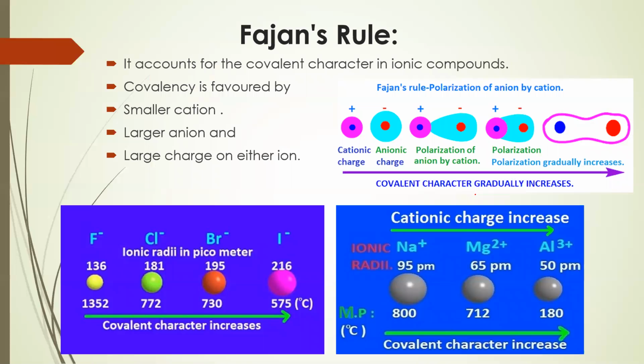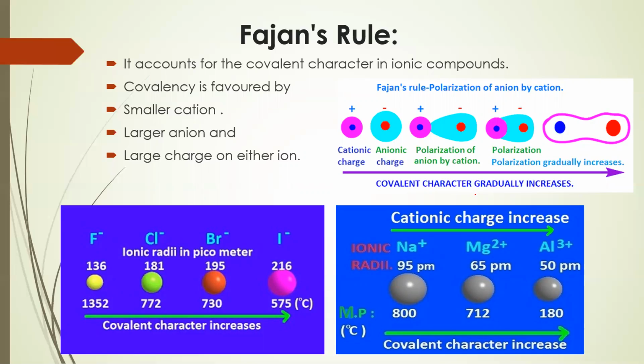Next, Fajan's rule. Fajan's rule tries to explain that because we have already learned that a covalent bond is seen between a non-metal and a non-metal. But Fajan's rule explains that a covalent bond can also be seen between a metal and a non-metal. Now, metal of which type?